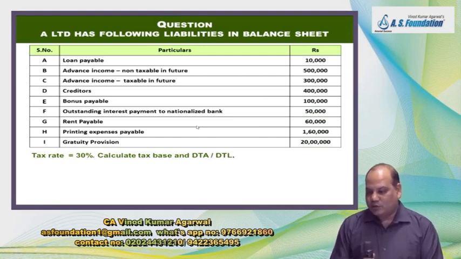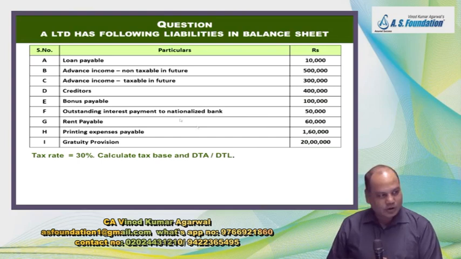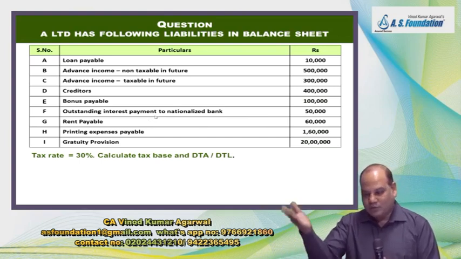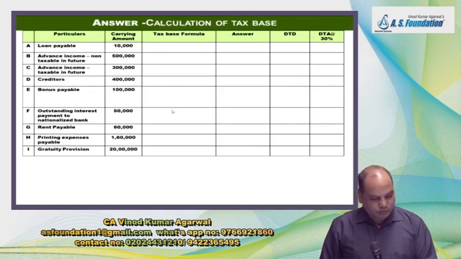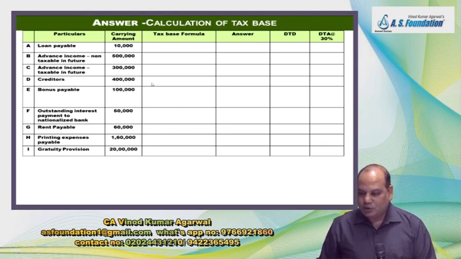Is it right? So one I will show you how to do, and then you will try the other ones. Open book exam. Look at the formula if you want. One good thing is that these are all liabilities items, so only 2 formulas you have to apply. First, for example, loan payable. Carrying amount is 10,000.